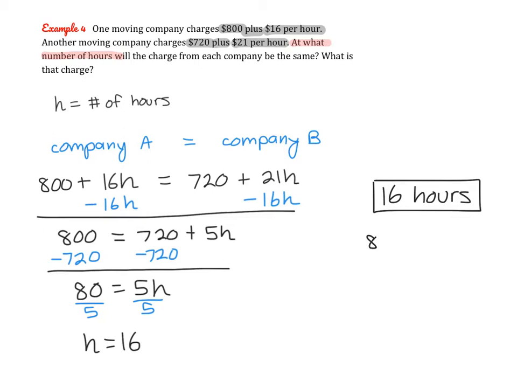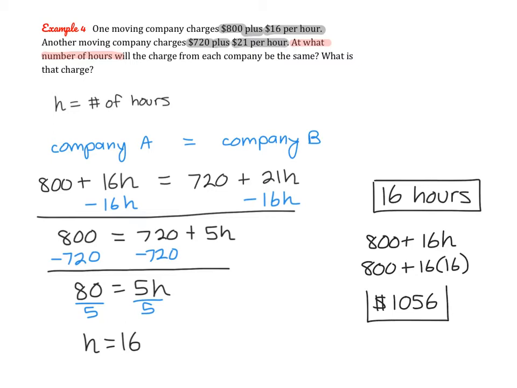So let's substitute it into the expression for company A, but again, it should be the same for either side. So 800 plus 16 times 16 hours. So this should give us a charge of $1,056.